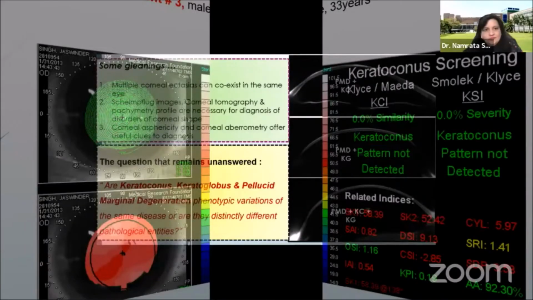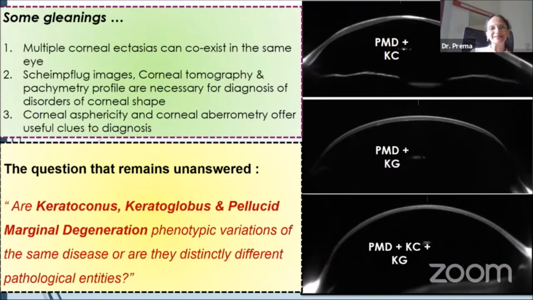Now, just to summarize what I learned looking at these maps: these ectasias sometimes do coexist, and we need to exploit different features of the Pentacam to be able to put these jigsaw pieces together.